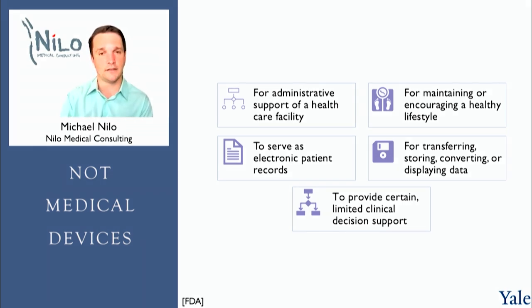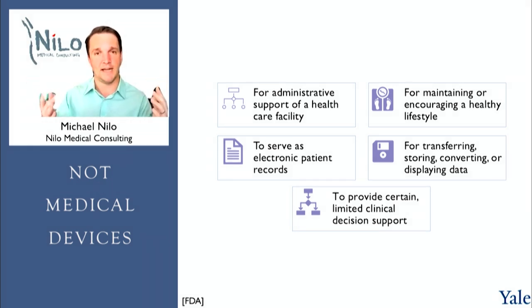That line, like you mentioned, has been fuzzy and sometimes gets clearer and then sometimes gets fuzzier again as software becomes more sophisticated. And the FDA will always, and regulation in general, not just medical devices, but think EPA and everything like that, will always be a little bit behind the cutting edge. They can't make laws about something that hasn't come out yet.